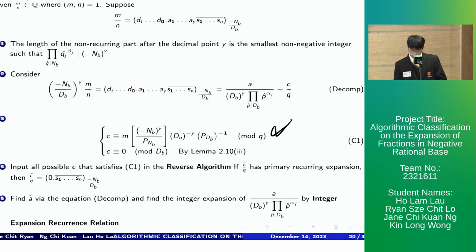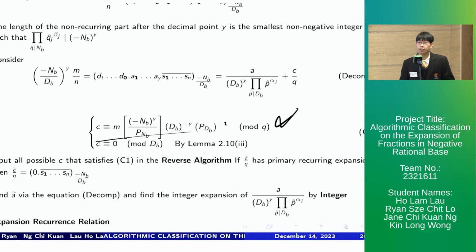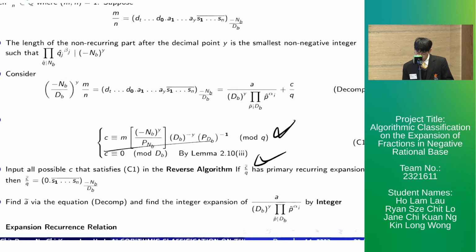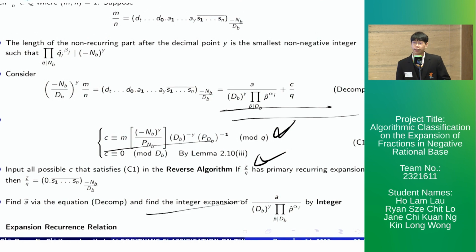The first condition is by the Bézout lemma, and the second condition is a necessary condition. After limiting the number of C that we'll test, we input those C's into the reverse algorithm to find which exactly C has a primary recurrent expansion. For those that do, we put them into this equation, the decomposition equation, to find back the integer expansion.